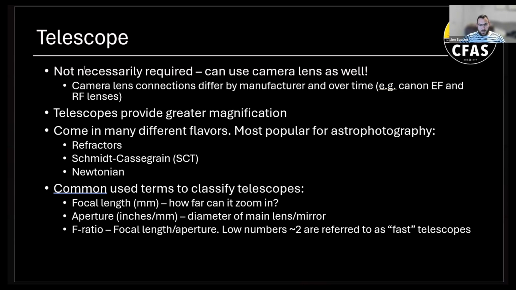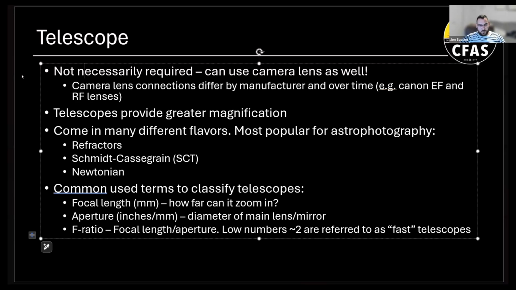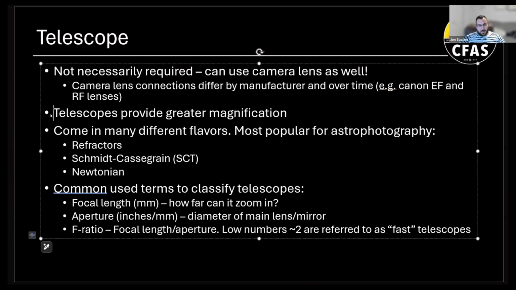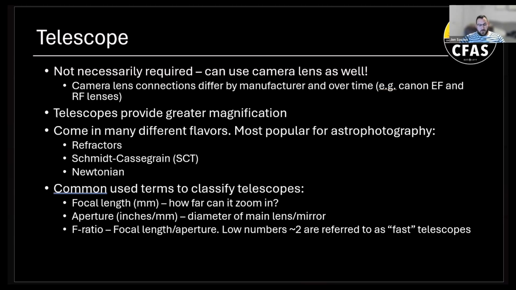So again, camera lenses are great, especially if you want to do some Milky Way photography. But if you want more magnification, it's probably cheaper to go with a telescope. Even a small telescope might be cheaper than some camera lenses, at least to get a quality one.